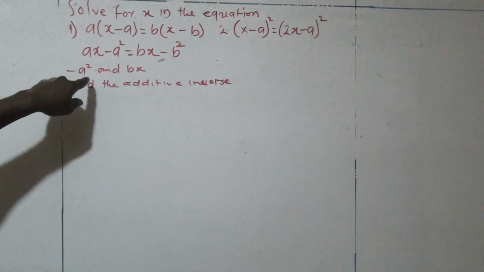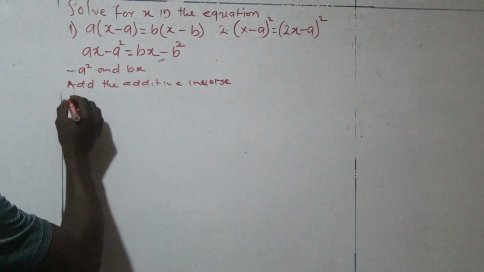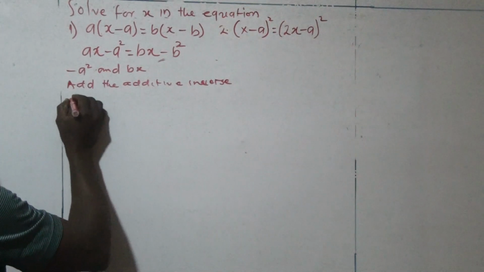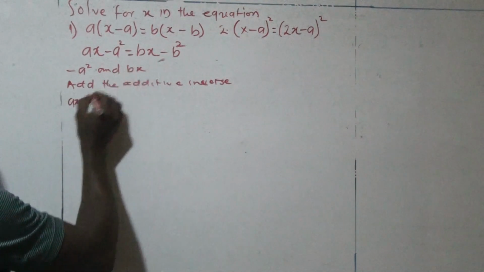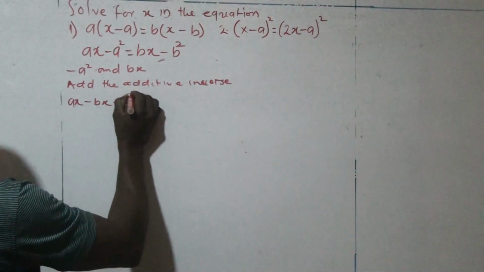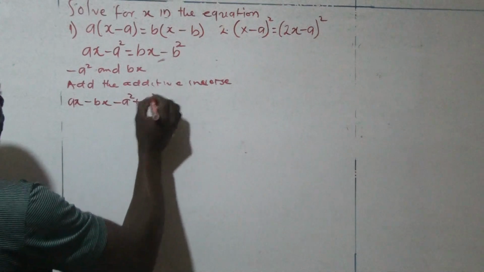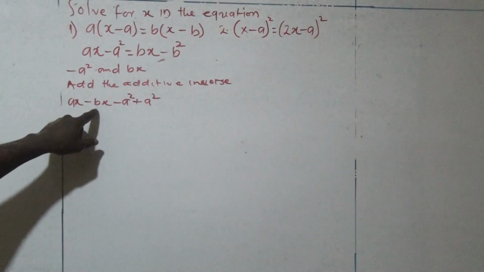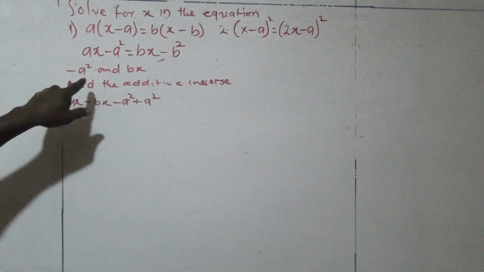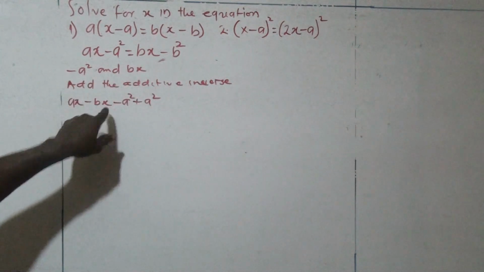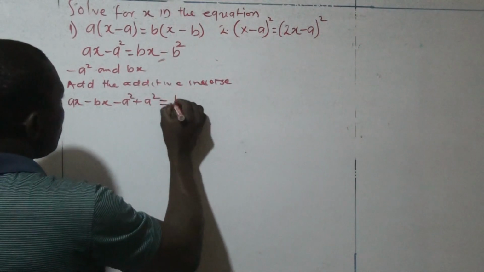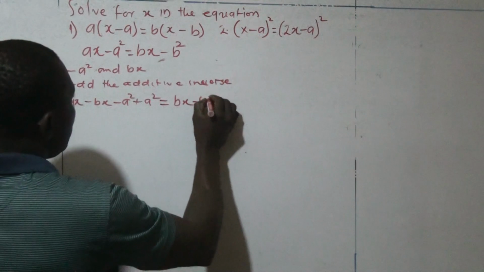The additive inverse of minus a squared is plus a squared, and that of plus bx is minus bx. Here we have ax minus bx, minus a squared plus a squared. The additive inverse of bx is minus bx. We add it to both sides.